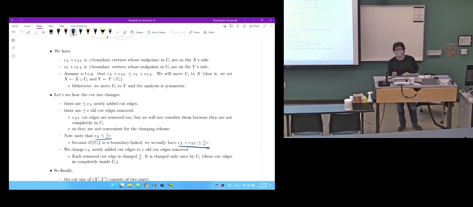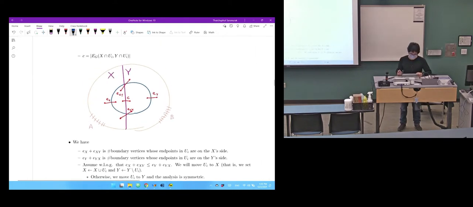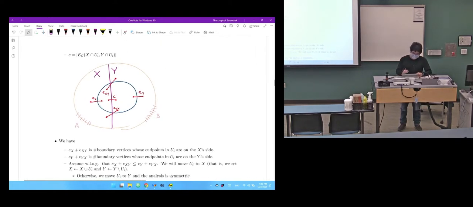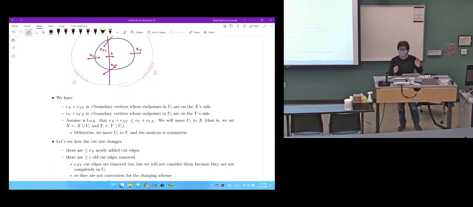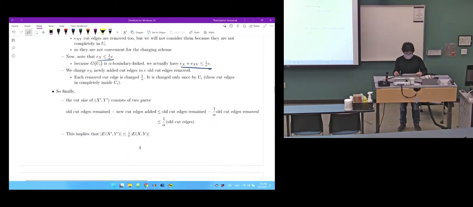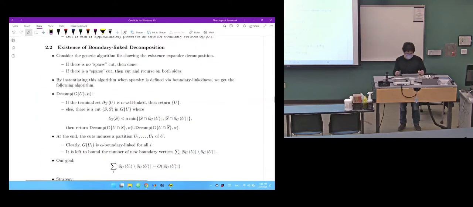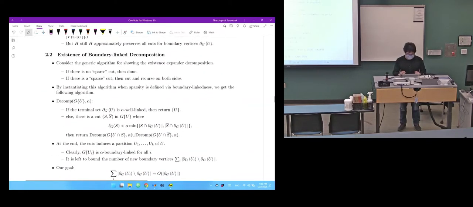It should be the endpoint inside. Let's do this offline, but I think this is correct now. I need to go on to the next thing.